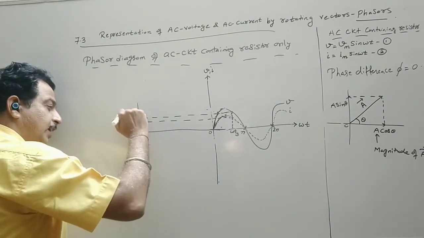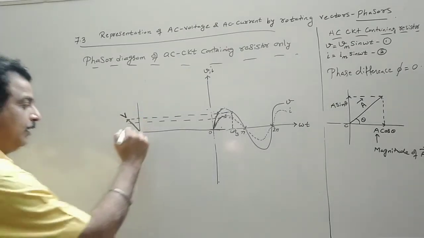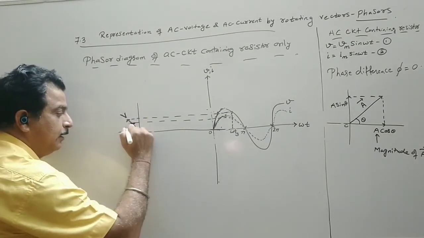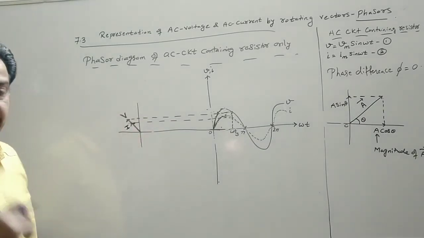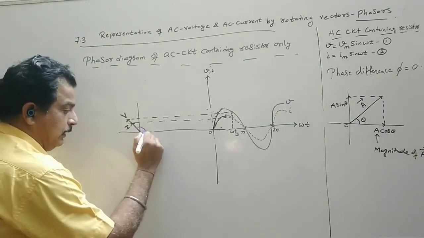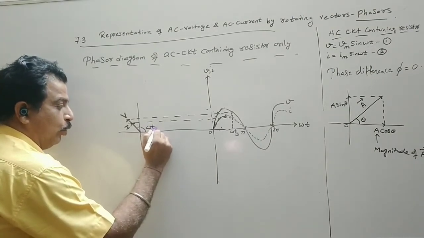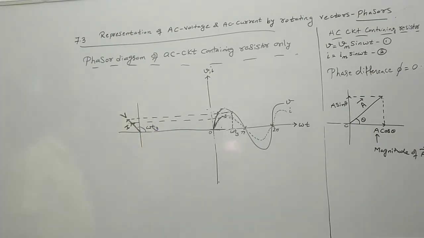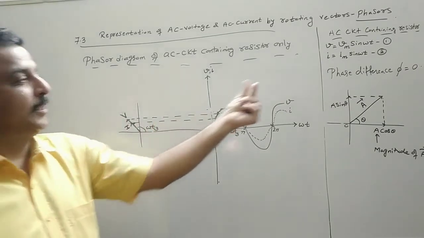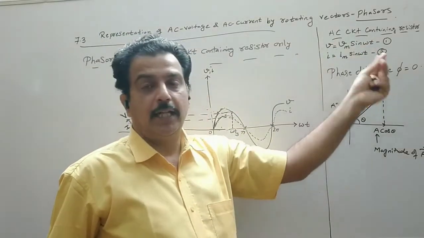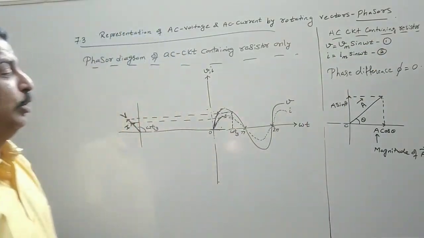This is V and this is capital I, again their amplitude is Vm. Now this angle is omega t3. So that is more than 90 degrees, say 100 degrees. So I substitute 100, sine 100, and find out the instantaneous value also.